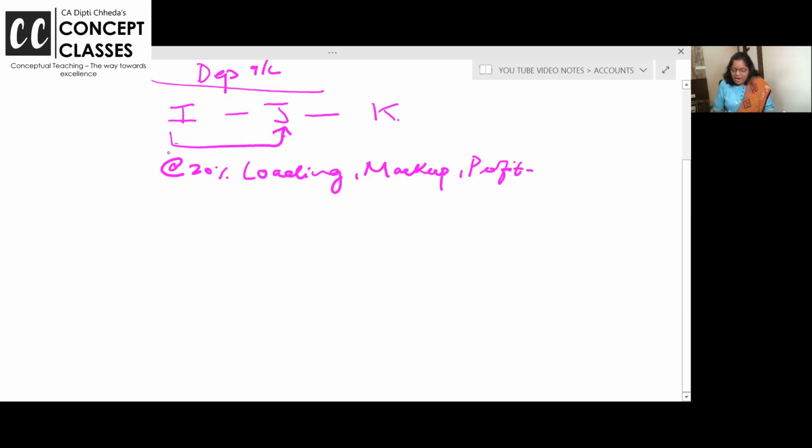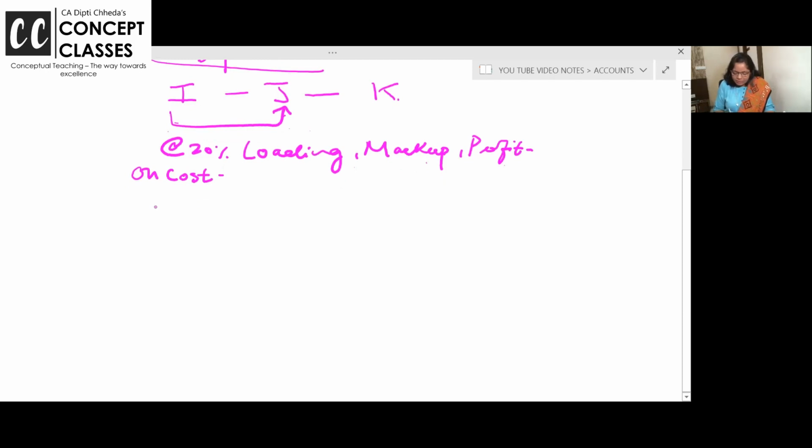If I say I is sending all the goods to J at 20% loading or markup or profit on cost, 20% on cost, then how will you make the equation? I hope from school days we are all doing this. Cost plus profit is the selling price. So what is the cost? 100.